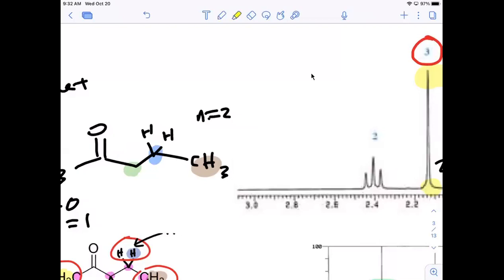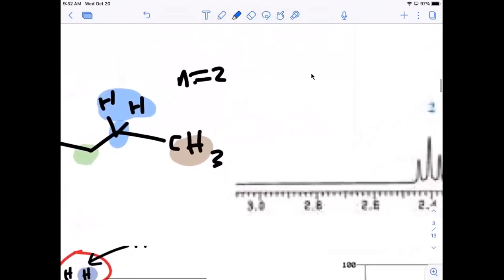The blue protons that are right here, those are adjacent to that. And so when you're trying to calculate N+1, what you're looking at are the protons that are on neighboring carbons. So for that CH3 right here, N is 2, so N+1 would be 3, and it should be a triplet.